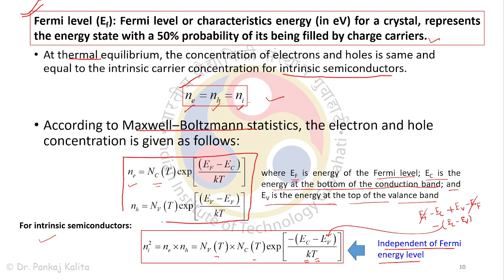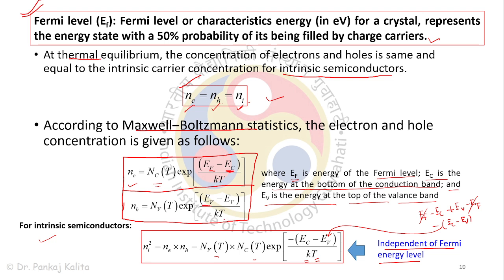So these two formulas: your electron concentration is given in terms of Nc e to the power (EF minus EC) upon KT. EF is your Fermi energy level, EC is your conduction band energy level, and EV is your valence band energy level.